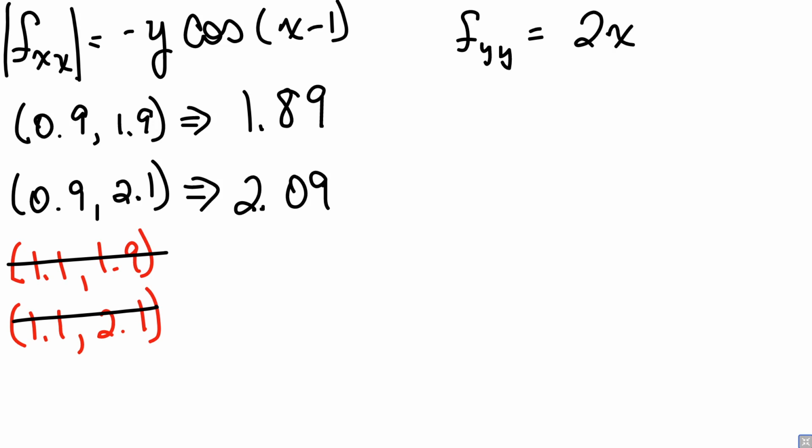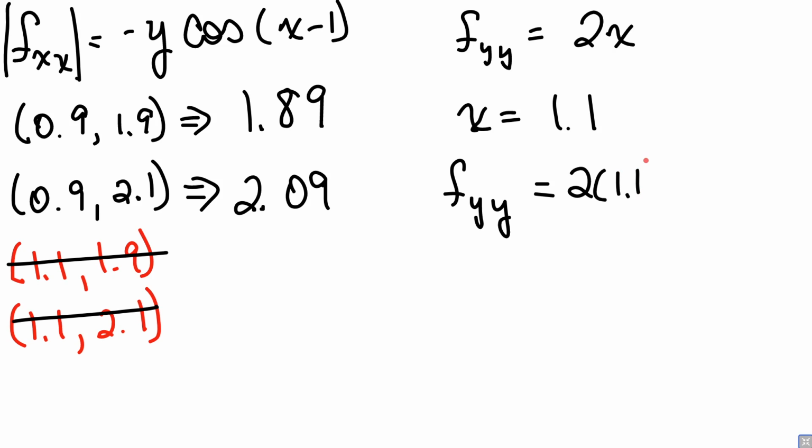So what x value is going to be the largest value that I'm going to look at? 1.1. Yeah. So I don't care what the y value is, it's just the x value that is concerned. So for the second order partial with respect to y, it's going to have a value of 2.2. Any questions there?